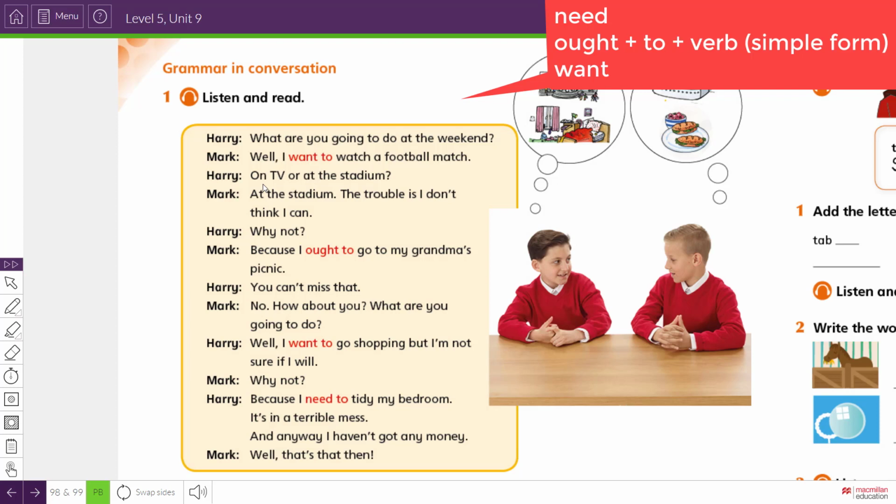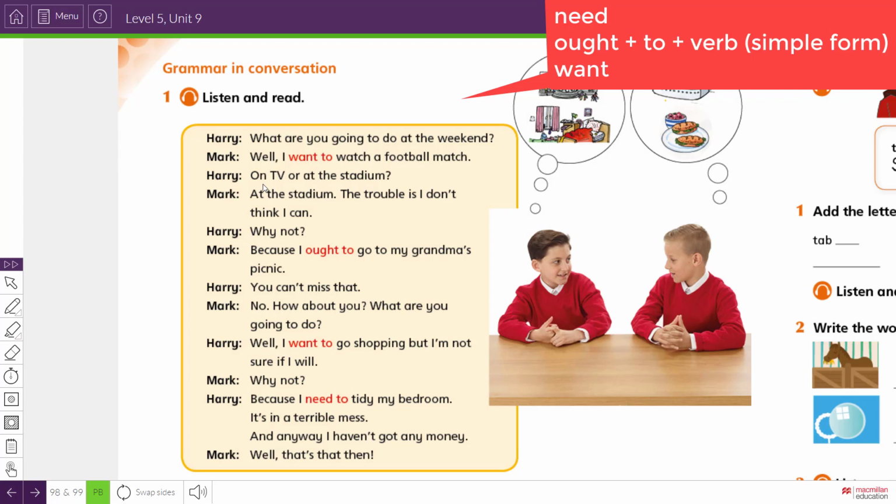Let's deal with need to at first. Need to represents necessity. When I say we need to drink water to stay alive, we cannot stay alive without water.